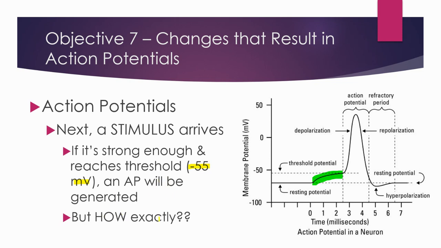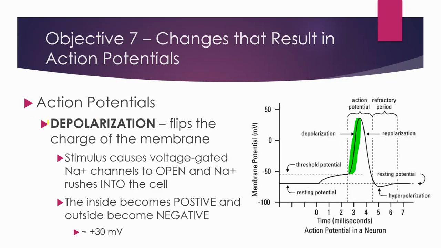And so how do we actually generate an action potential? So notice that your stimulus comes in, and that voltage is changed. What actually causes the action potential to happen? It's going to be something called depolarization. Essentially, we're going to flip the charge on the membrane. So initially, it was positive on the outside and negative on the inside.